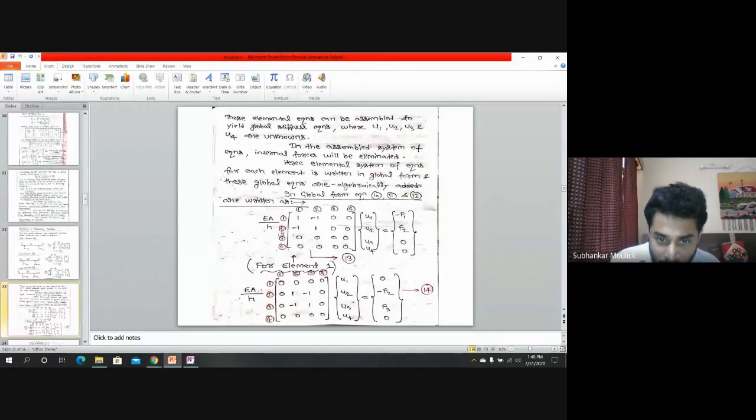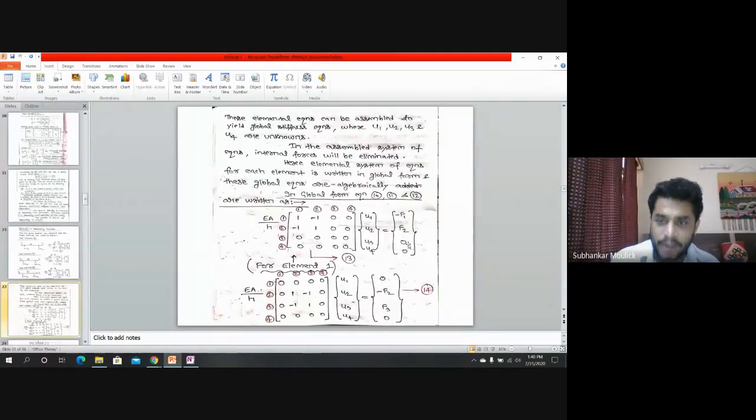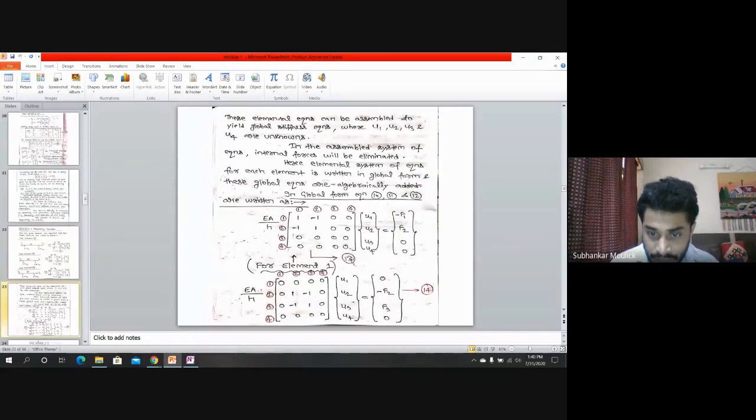So for node number 2 you will write F2, and for node number 1, since it is negative, you will write F1. Remaining two values are 0. Why 0? Because I am writing only the global system of equation for element number 1. So this is your equation number 13, the global system of equation for element number 1. Is it clear?